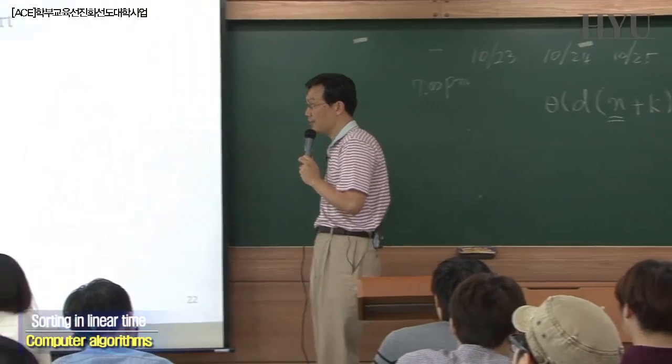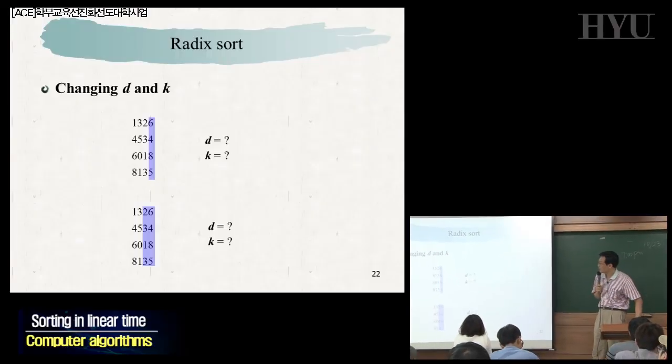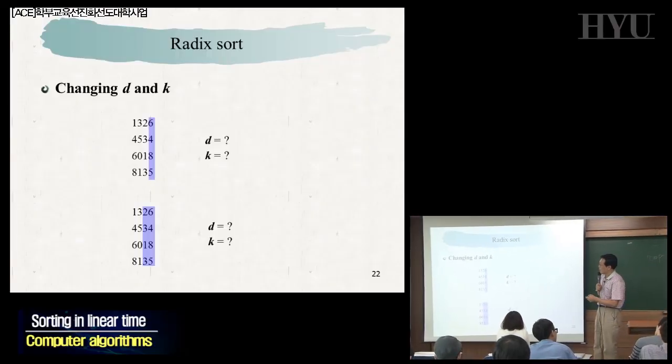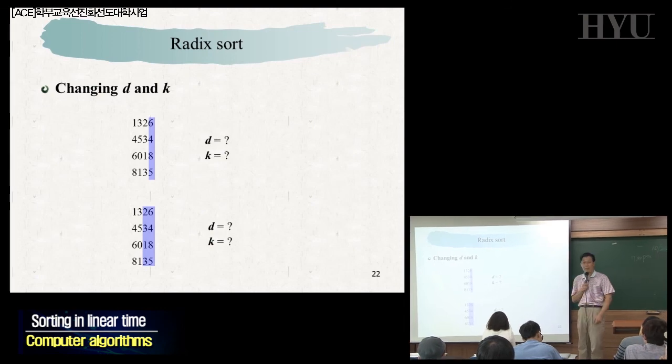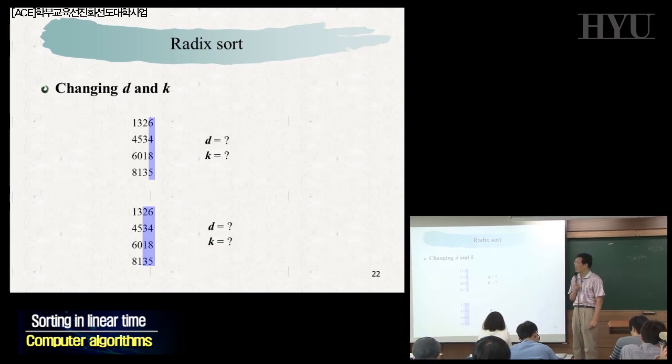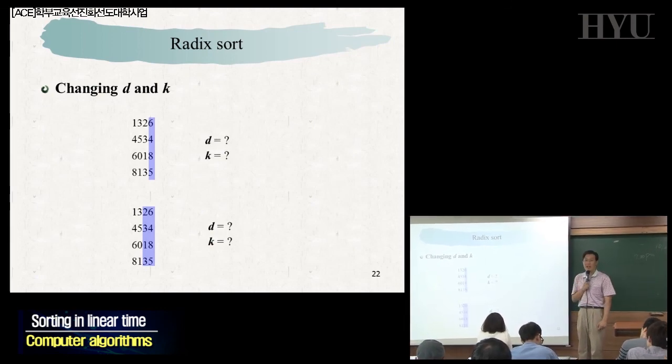Look at this. These are 4-digit numbers. And a natural way of applying radix sort can be like this. Every digit becomes a radix.